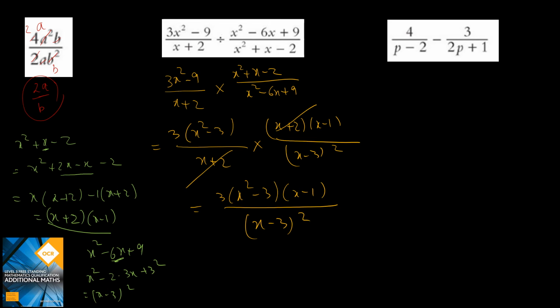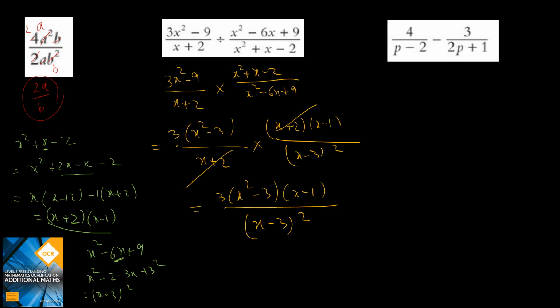Okay, the third question is very different now. Here we cannot factorize these terms at all. So how do we do these questions? We treat it like subtracting two different fractions.